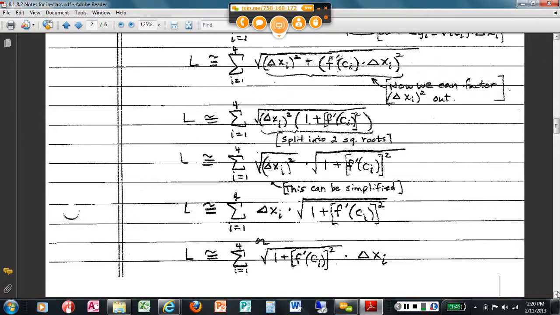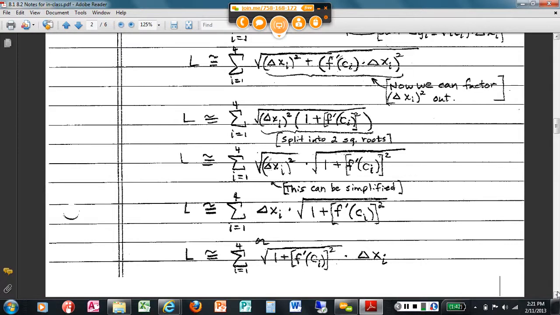How could I do better, get a better approximation of my actual length? Do more, right? Do more segments. Do 5 segments. Do 10 segments. Do 50 segments. So I can vary the number of segments. I did 4 here. I could do 50. That would be better. I could do 100. What would be even better?